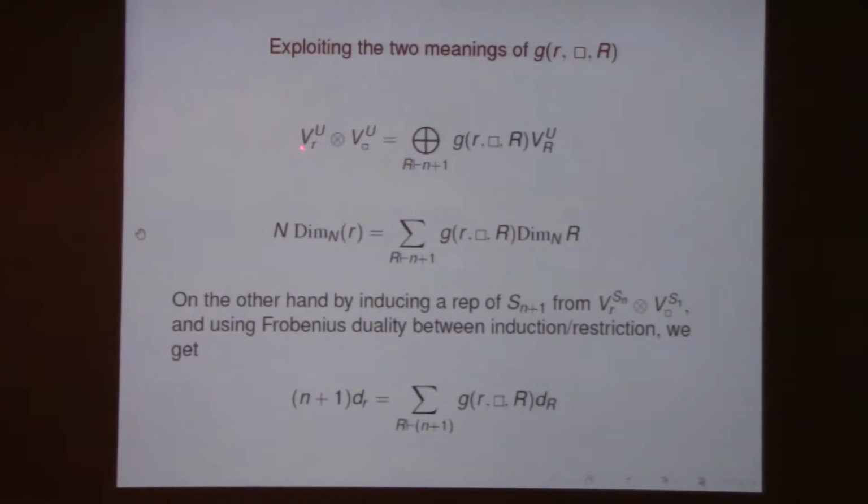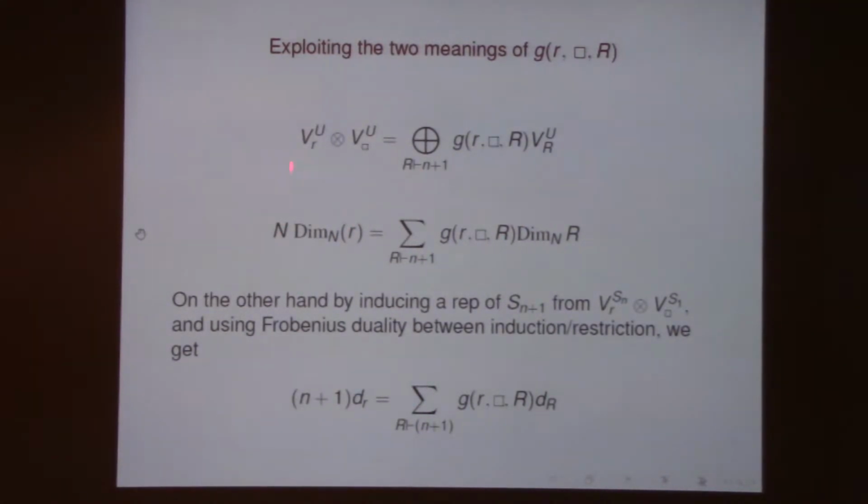Take symmetry type R for a unitary group representation, tensor it with a single fundamental, and decompose it in terms of representations; the multiplicities of unitary representations are given by the Littlewood-Richardson coefficients.